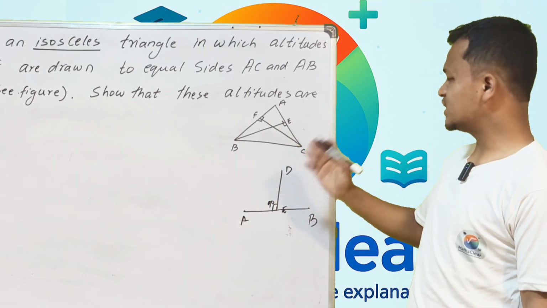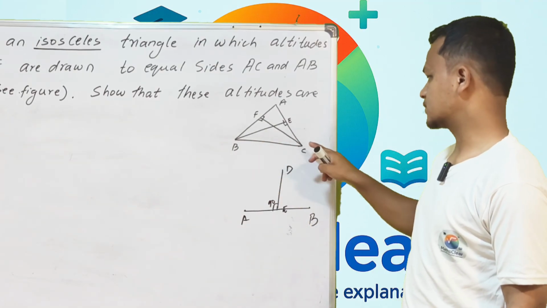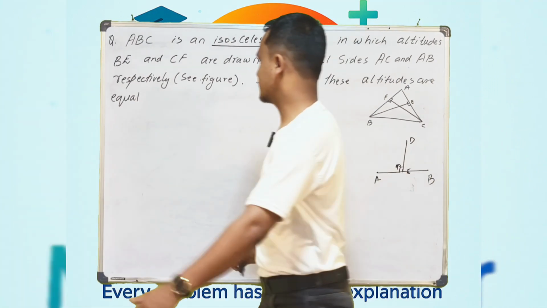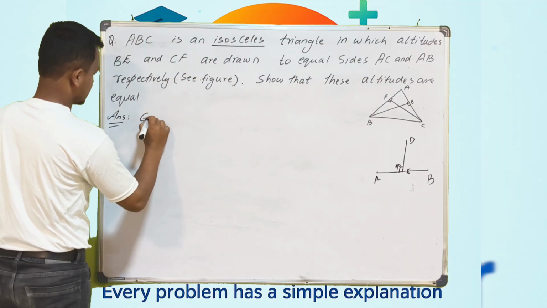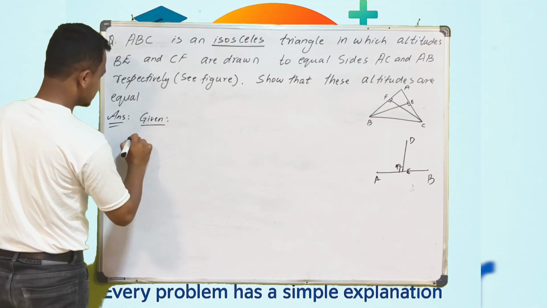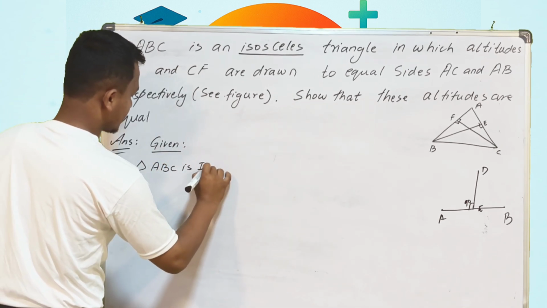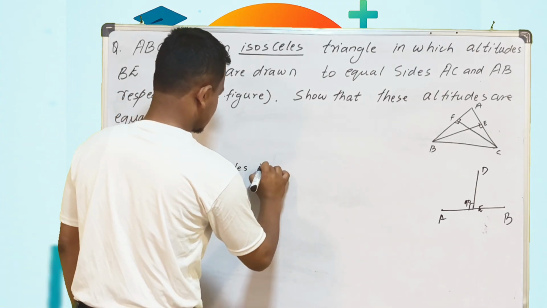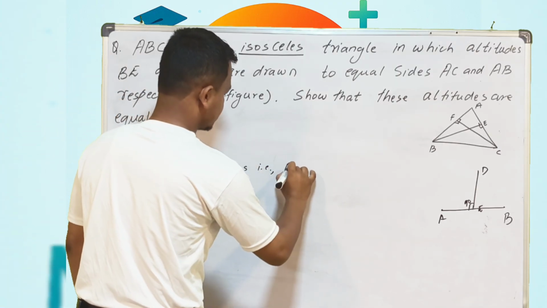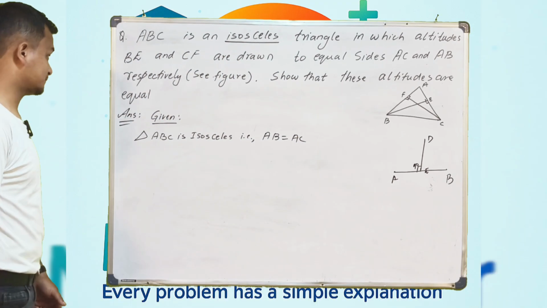So what do we need to prove? We need to prove that these altitudes are equal, that is, BE is equal to CF. First, let us write the given part. The given part is triangle ABC is isosceles. So since it is isosceles, AB must be equal to AC. That's from the given part.